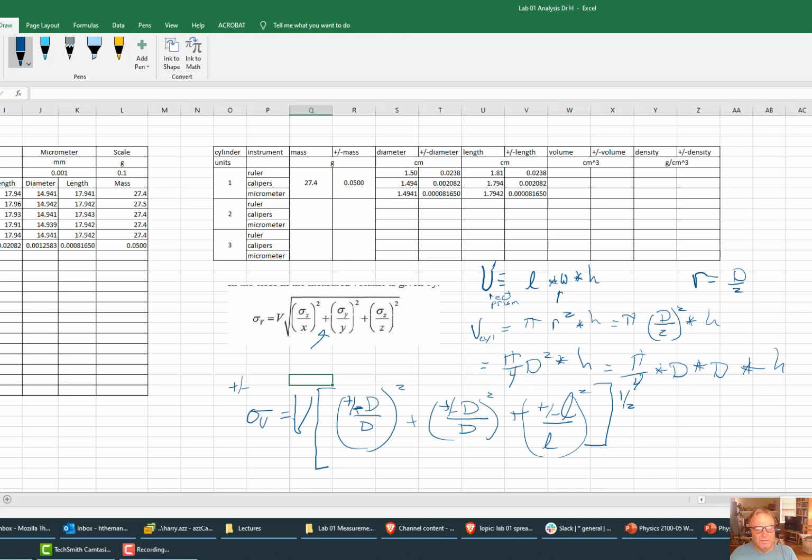Okay, so let's move up to putting this into the spreadsheet. First of all, we know the volume, we came up with this new formula, pi over 4 times d times d times L. So we say equals, and we just type in pi, open, close parentheses, so that Excel knows that you want to use the value pi, not times, divided by 4 times the diameter, times the diameter again, times the length.